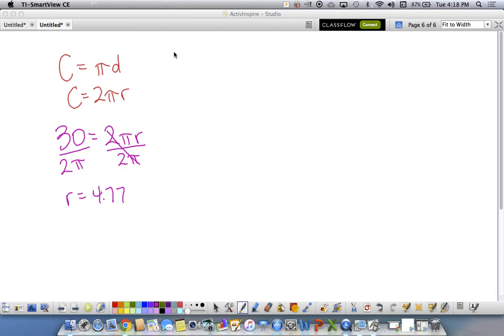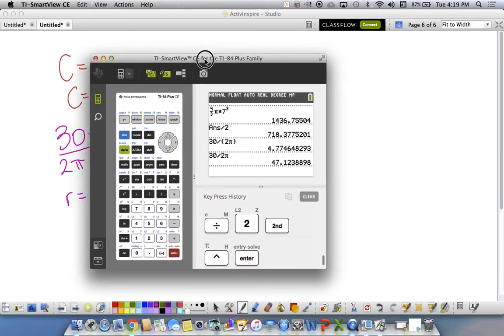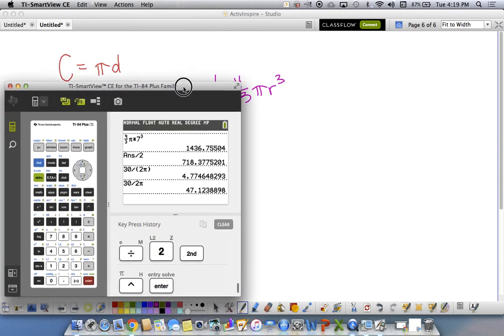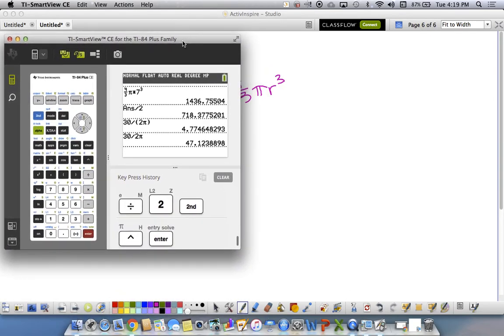And if I want to find the volume, now we just plug this in. V equals 4/3 pi r cubed. And if that r is that number, oh, I should not have written this right in the middle of the board. Okay, we can figure it out.